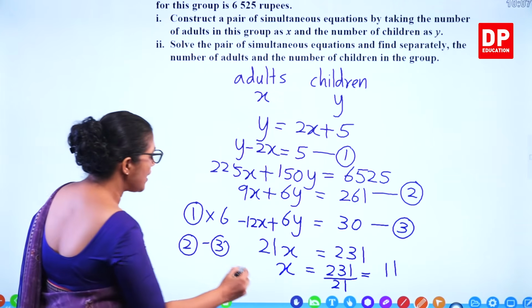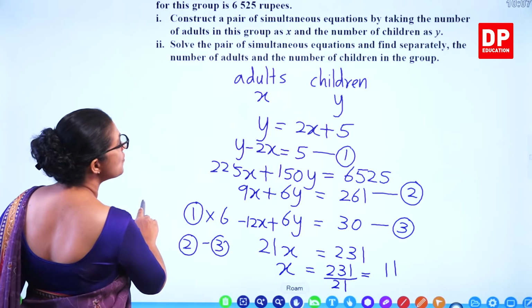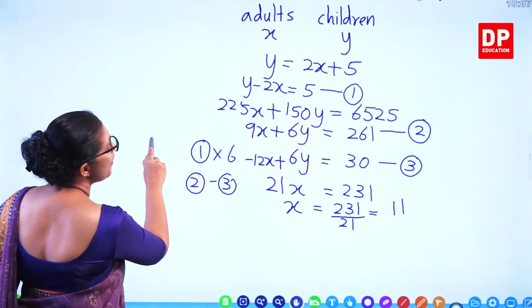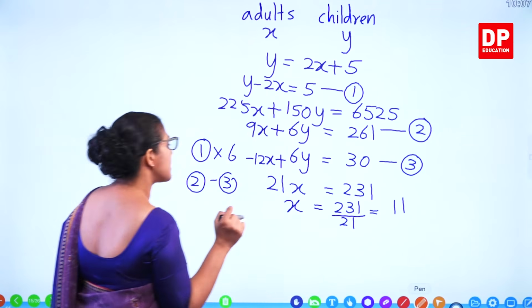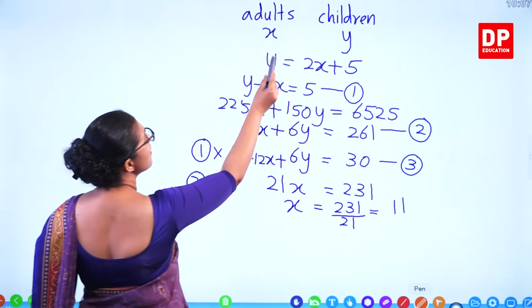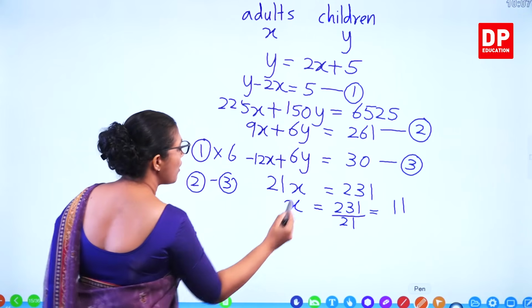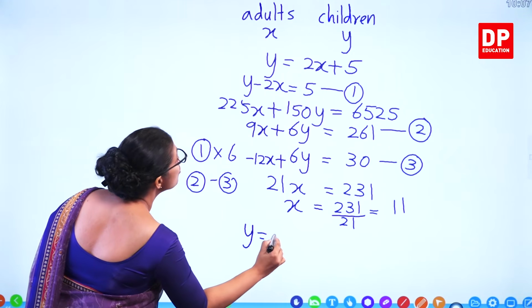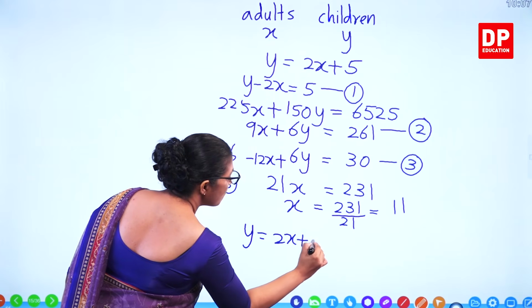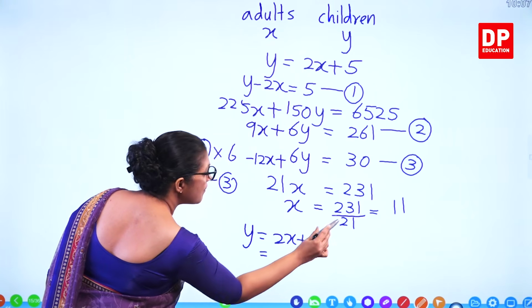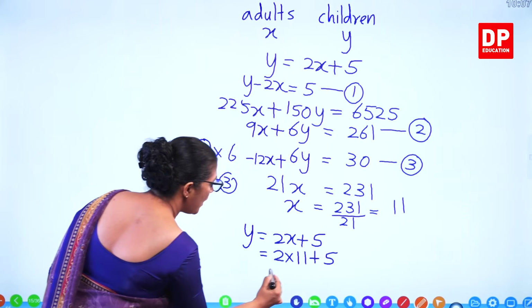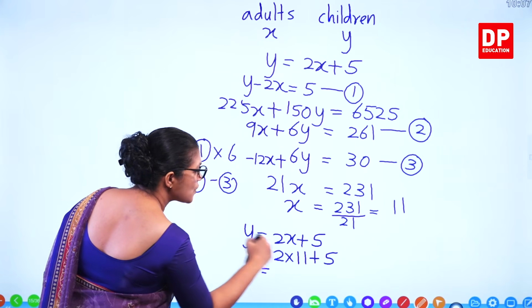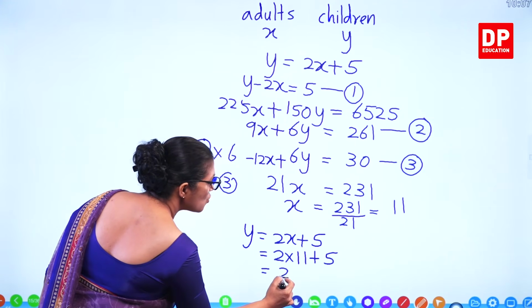Now how do we find y? You have to substitute into one of the equations. Which one is the easiest one to calculate? We can take this one. Straight away you get y. So y equals 2x plus 5. x is 11. So what is the y value? 22 plus 5, that's 27.